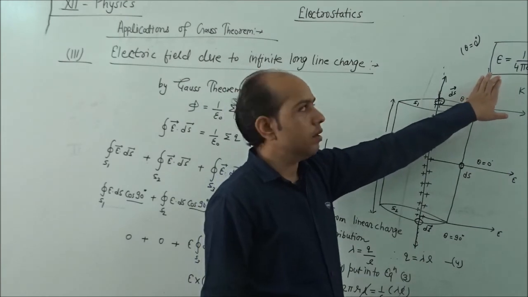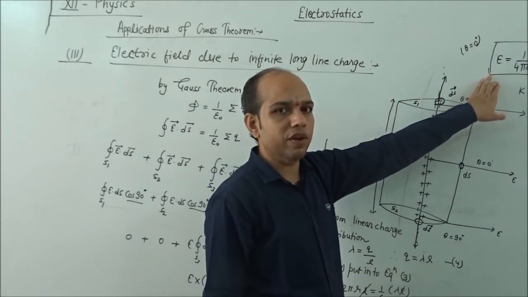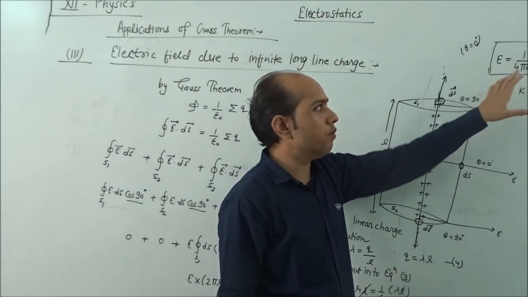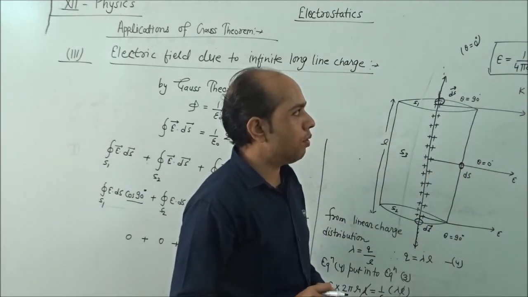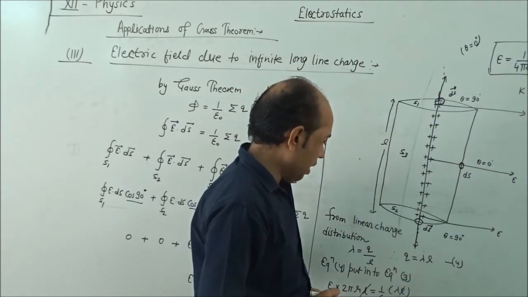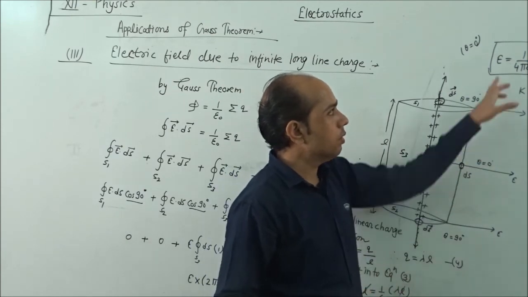So this is the electric field due to an infinite long line charge. E equals 1 upon 4 pi epsilon naught, 2 lambda upon r.